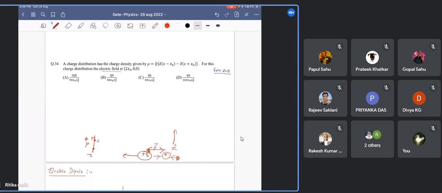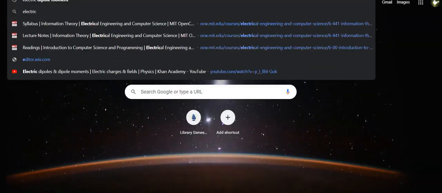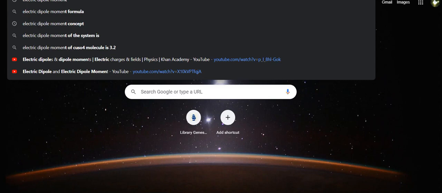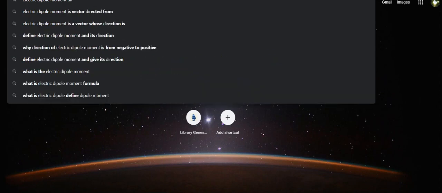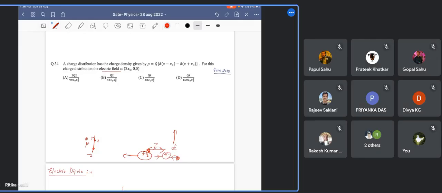If they are inside a dielectric medium, then the direction will be opposite. Otherwise, it always originates from positive charge to negative charge. Okay, you are right actually. I made a mistake.